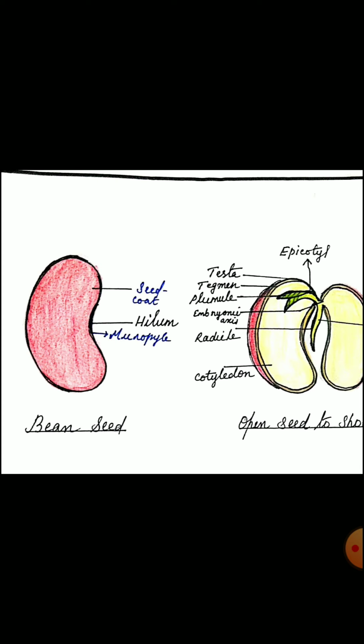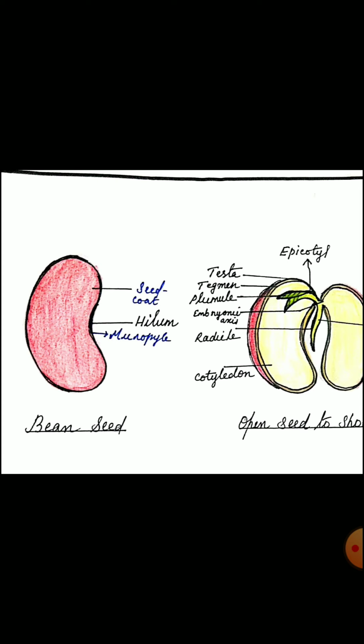The seed is covered with a seed coat. The pink or red colored outer covering is the seed coat. The seed coat consists of two membranous coverings, an outer testa and an inner tegmen. The seed coat protects the embryo from adverse climatic conditions and helps prevent drying out.